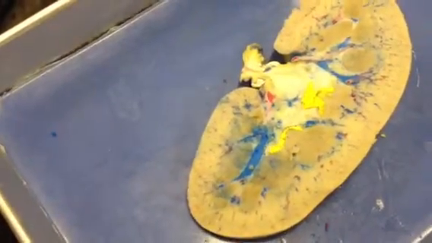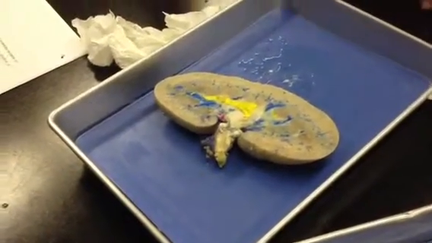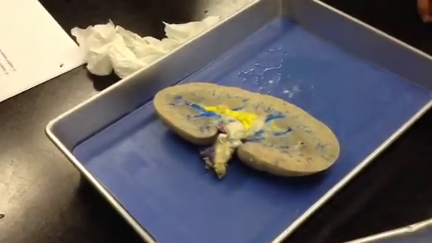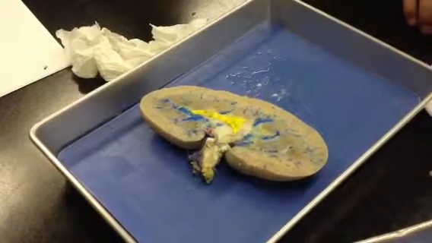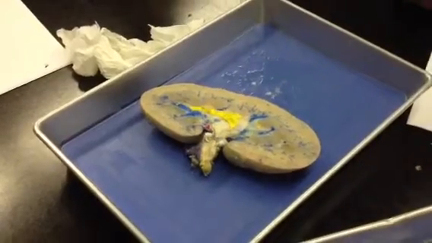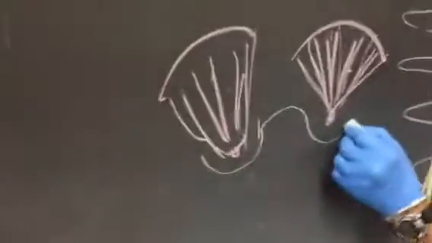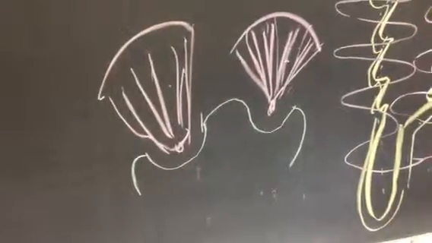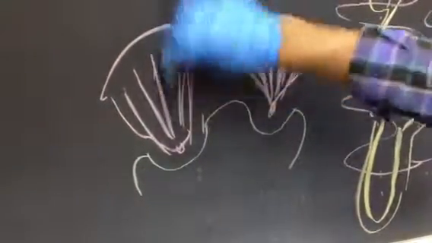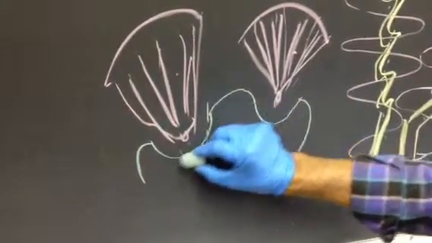So what they're doing is dumping them into little canals called renal... let's say I need a different color. A calyx is singular, calyces is plural. And so it's coming down the various collecting ducts, dropping out here and going into this system here.